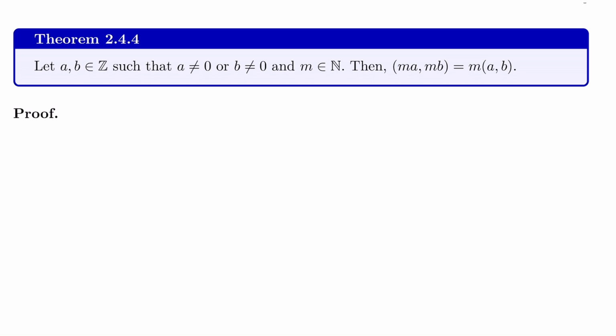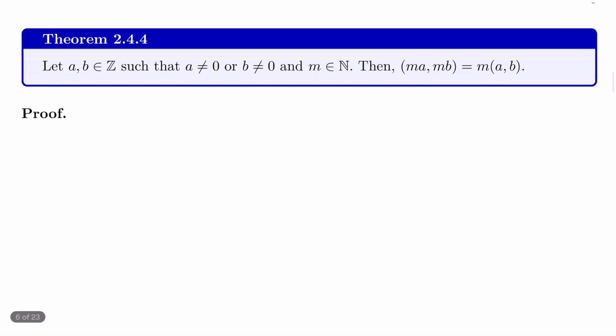If you have these two numbers with a common factor, let's say m, you can write m in front of the greatest common divisor of the two numbers. Okay, so let's try to prove this.